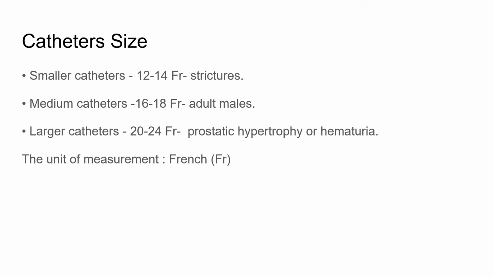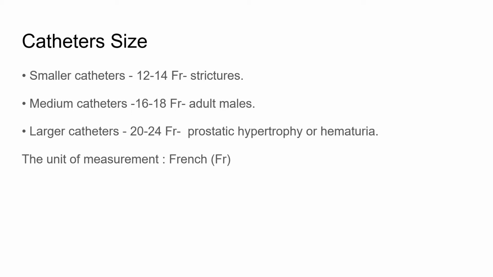Now we catheterize depending upon the different French sizes of the catheters. Smaller catheters 12 to 14 French, medium catheters 16 to 18 French, larger catheters 20 to 24 French. So this needs to be understood. The smaller catheters, that is 12 to 14 French, are appropriate for use in patients with strictures.